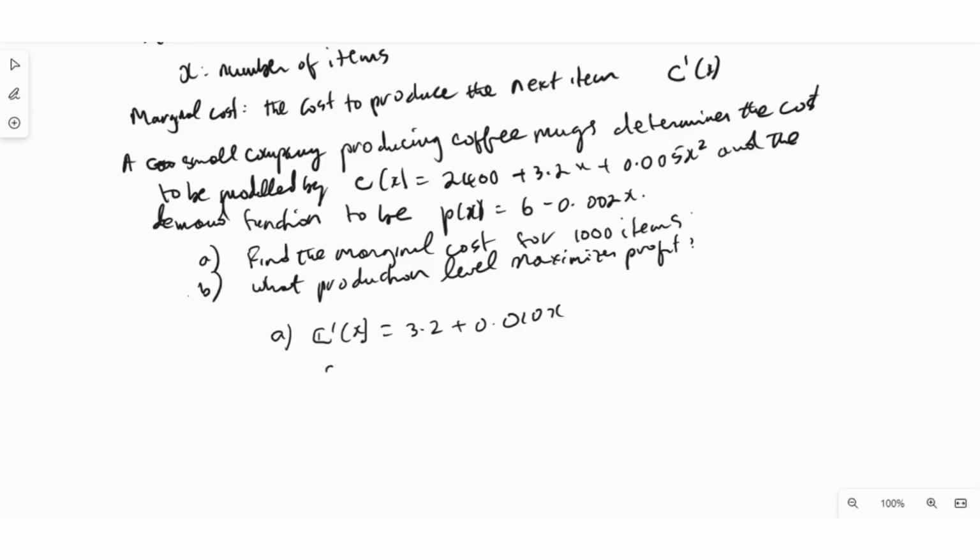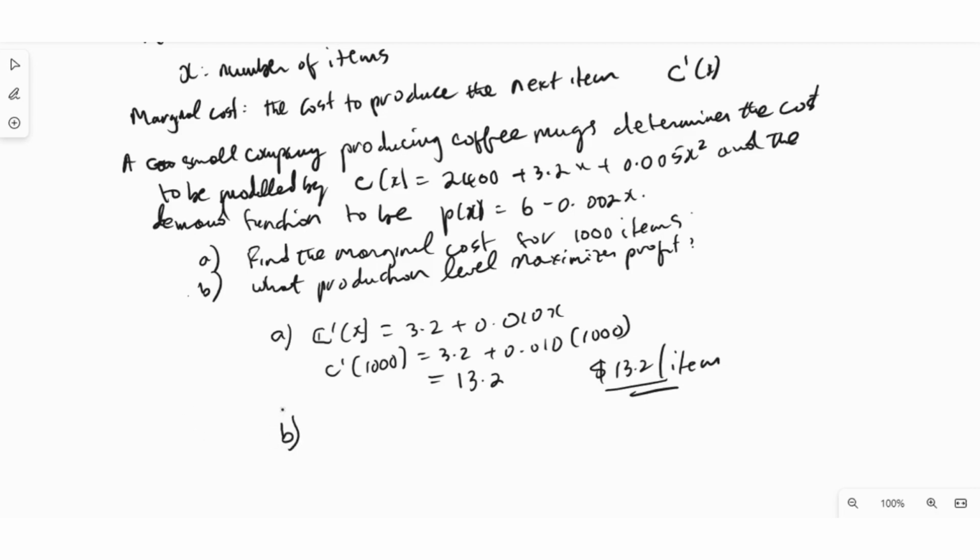So the marginal cost for 1000 means I substitute 1000 here: 3.2 plus 0.01 times 1000, which is equal to 13.2, which means marginal cost is 13.2 per item. That's marginal cost.